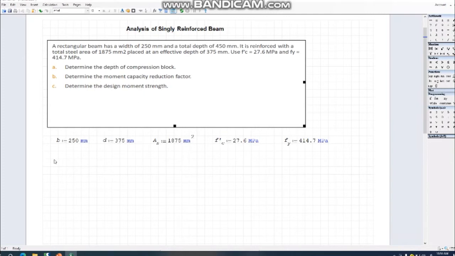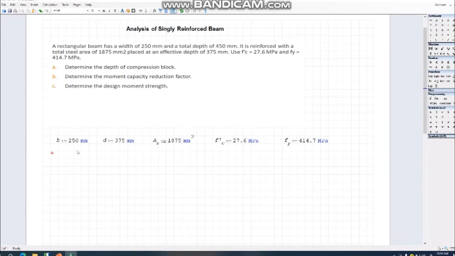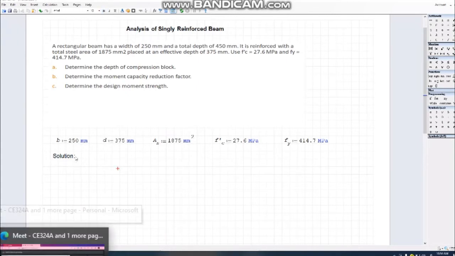Okay, so using method 1, you do not have to compute every step. In the board exam, you do not need to compute step 1. Only those steps that will provide the answer to the question. Our target first is the depth of the compression block.